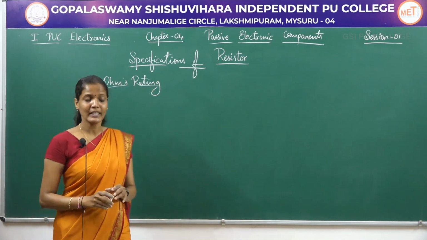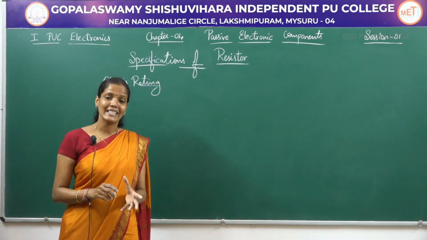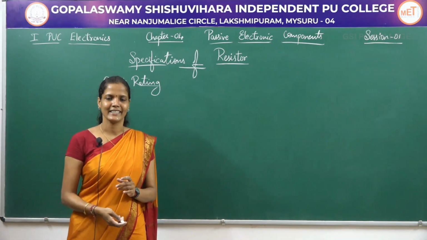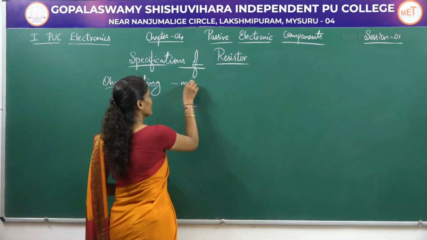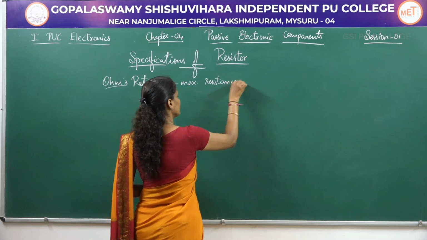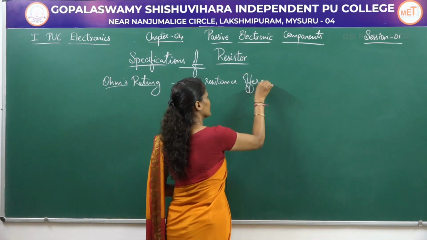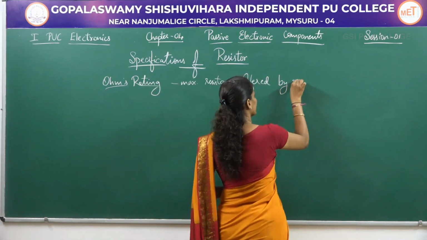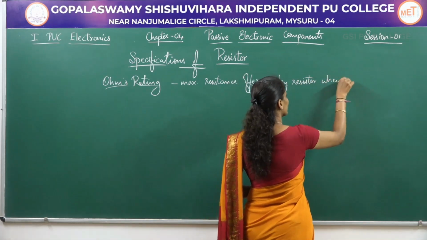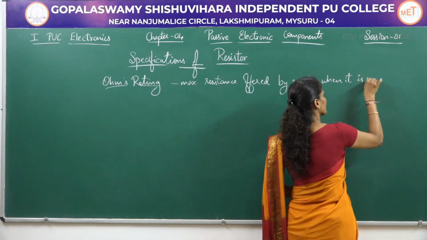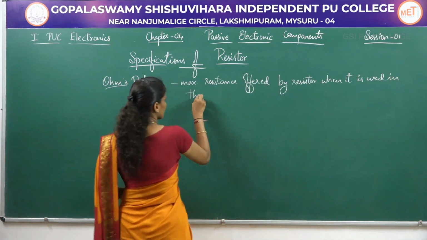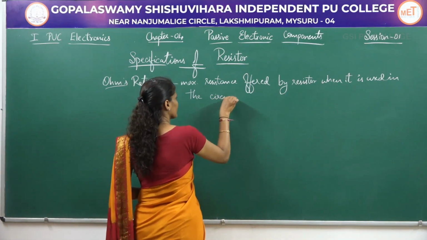Ohms rating is nothing but the maximum amount of resistance offered by the resistor when it is used in the circuit.